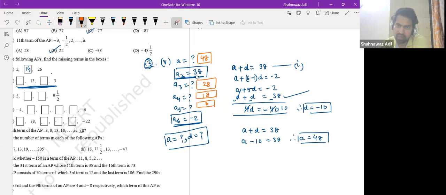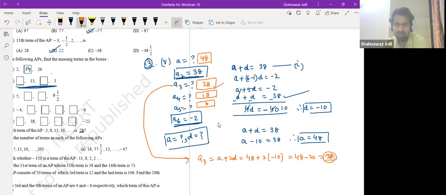So 10 decreased to 28, 10 decreased to 18, 10 decreased to 8. And we can also calculate it by A plus 2D, right? So A is 48 plus 2 into minus of 10. So 48 minus 20 is 28. Right? So we get that. Okay.